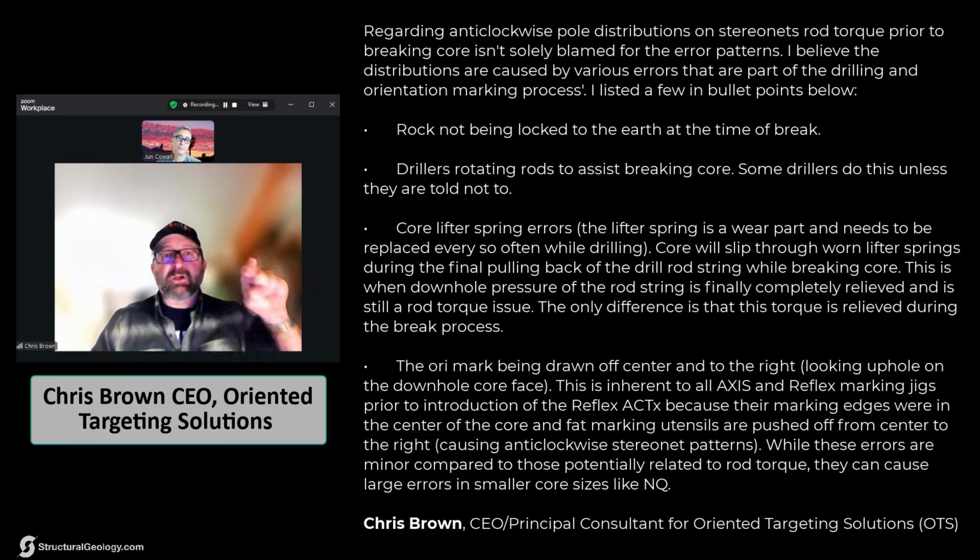But if it's going all the way around, now you're starting to notice errors that aren't so much related to torque, and maybe line drawing errors, drawing orientation lines over spun core, things like that. Rounding of alpha and beta measurements.